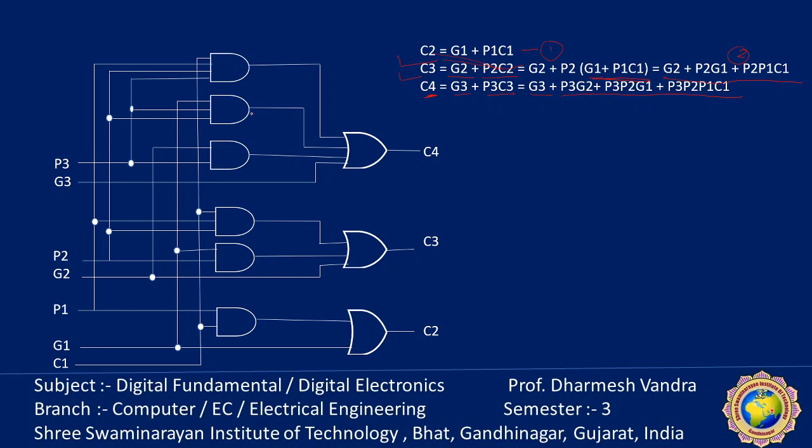Since the Boolean function for each output carry is expressed in sum of product terms, these are all sums of product terms. Each function can be implemented with one level of AND gates followed by an OR gate. SOP means first level AND gates and second level OR gate.